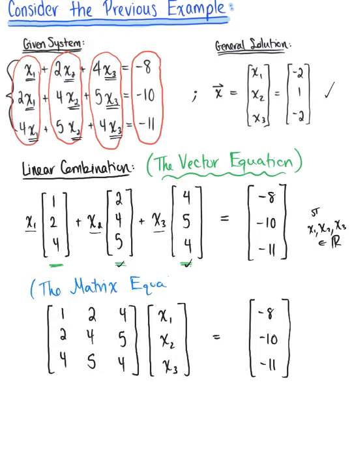And you can see the definition of the matrix equation coming in here. We can see here's matrix A, the coefficient matrix. Here is vector x, the solution vector, and it's equal to that constant vector, those constants on the right-hand side of your equation.